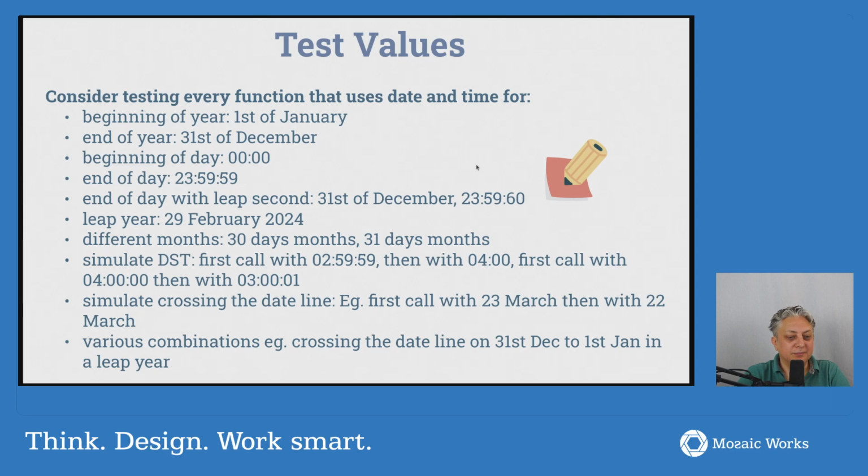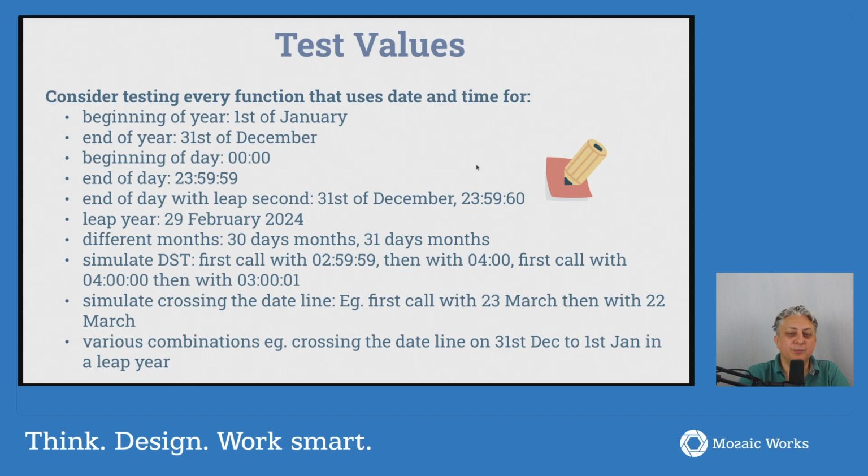Leap year, for example, 29 February 2024, and this is the first I would try if I were you, because if you try it today, you still have some time to fix your leap year bugs before they happen. Different months: 30 days, 31 days, 29 days. Simulate daylight saving time. How do you simulate this?